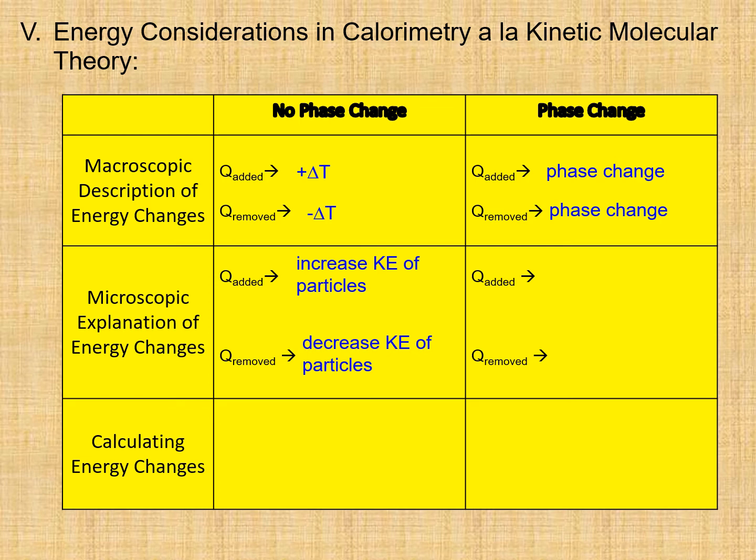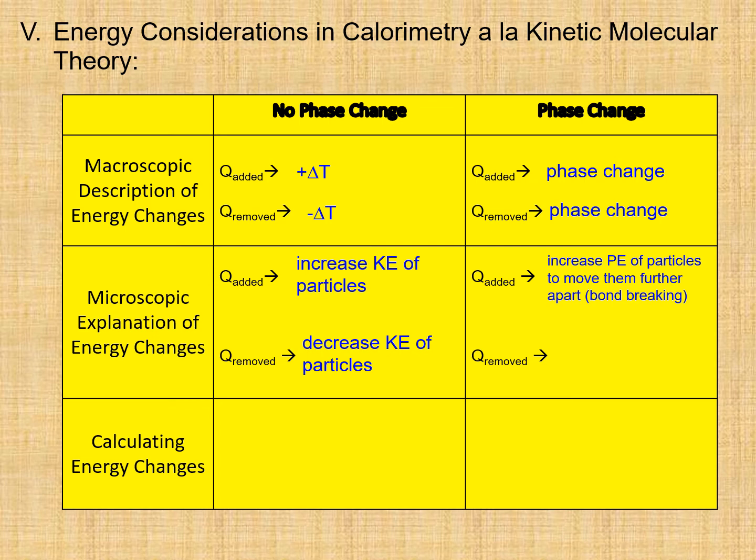So what happens during a phase change? How come heat is added yet the temperature doesn't increase? This is because the heat that gets added goes into increasing the potential energy of the particles, generally, usually moving them further apart.